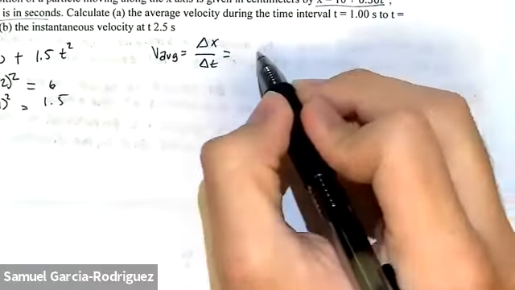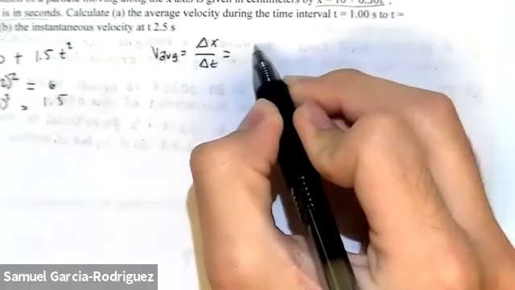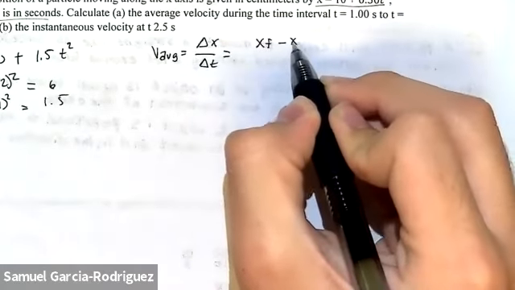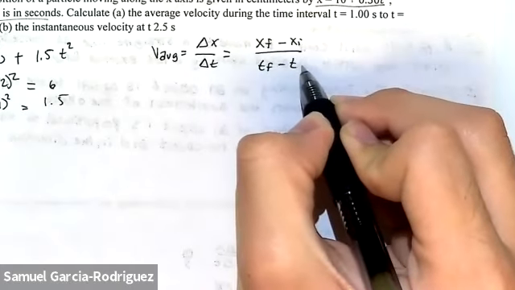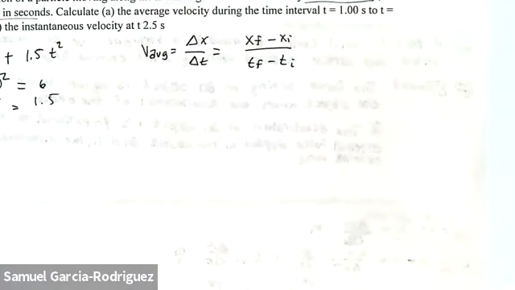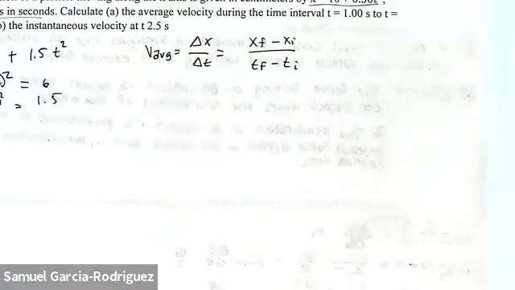So you did not have to do that. So the equation for average velocity is delta x over delta t, which is x final minus x initial over t final minus t initial. So doing all this was not necessary.